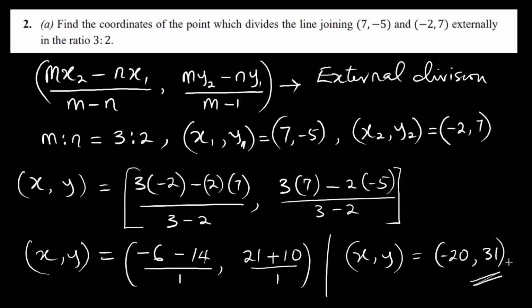Now let's dive into the B part of it. The B part says, without using calculator or mathematical table, evaluate 2 over 1 plus root 2 plus 2 over 2 plus root 2, leaving the answer in the form p plus q root n, where p, q, and n are integers.